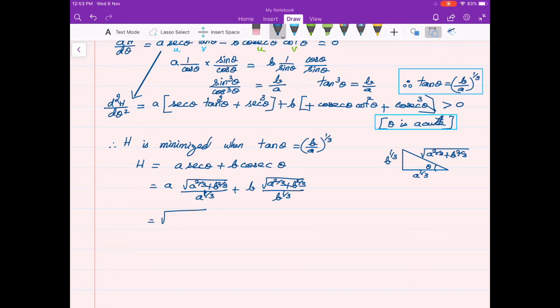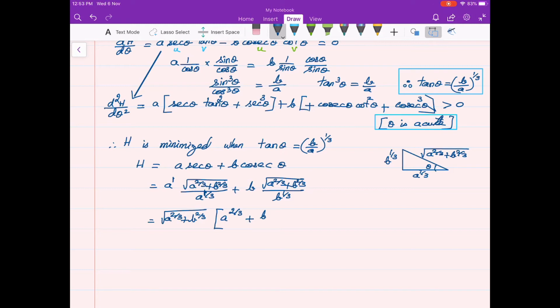Now, root of a raised to 2 by 3 plus b raised to 2 by 3 is common. Here we have a raised to 1 divided by a raised to 1 by 3, 1 minus 1 by 3, which will become a raised to 2 by 3.